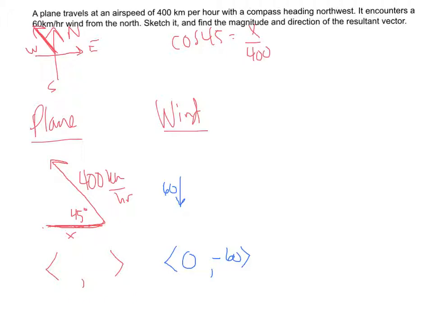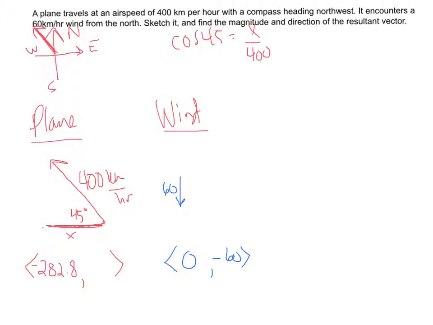And then I'm going to type into my calculator 400 times cosine of 45, and I get 282.8. And that's going to be negative because it's heading left, which we'll call negative. If it was heading to the right, it'd be positive, just like we're working on a coordinate plane.